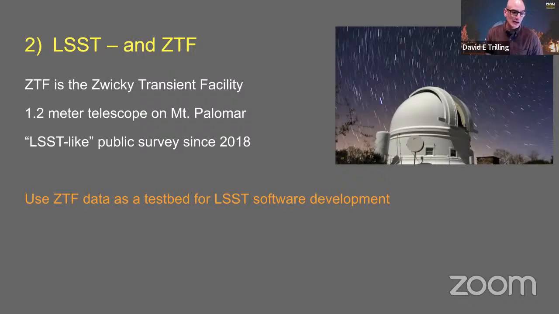And they are carrying out an LSST-like, that's in quotes, public survey since 2018. So now three and a half years or something. And LSST-like means that they are observing a large area of the sky. They have a cadence that's like LSST's. The data products are like LSST's. And so we can use the ZTF data as a test bed for LSST software development.